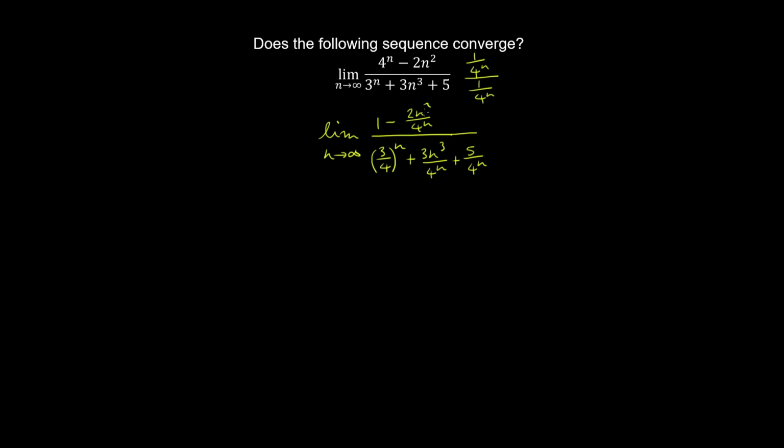And now we can take the limit of each of those terms as n goes to infinity. So these ones are going to basically drop out. And we end up with the result of 1 on 0. So therefore, the sequence diverges.